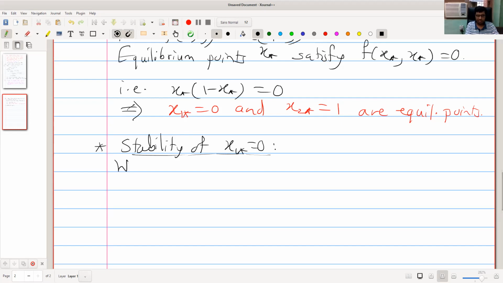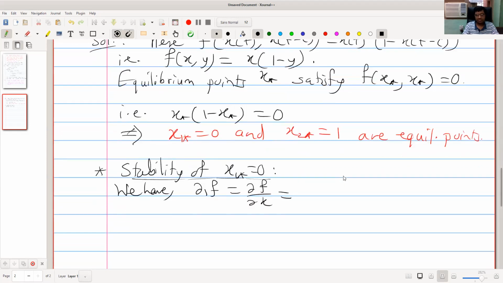The partial derivative of f with respect to the first variable, that is del f by del x, is given by 1 minus y. And del 2 f, that is del f by del y, equals minus x y.